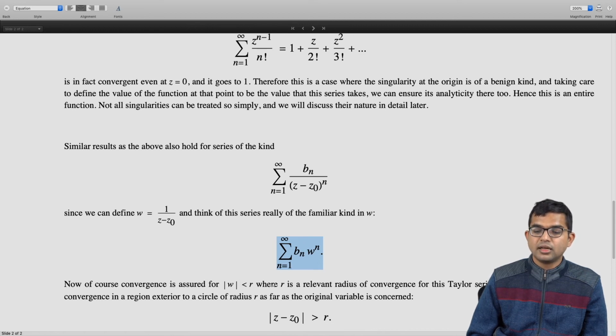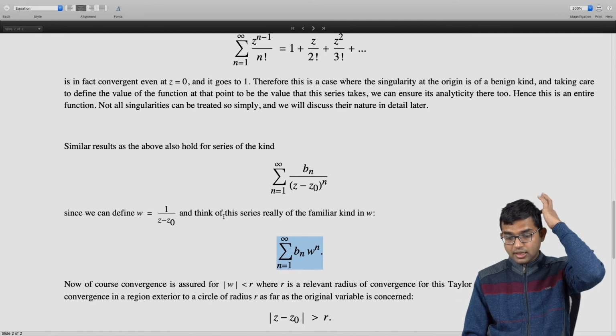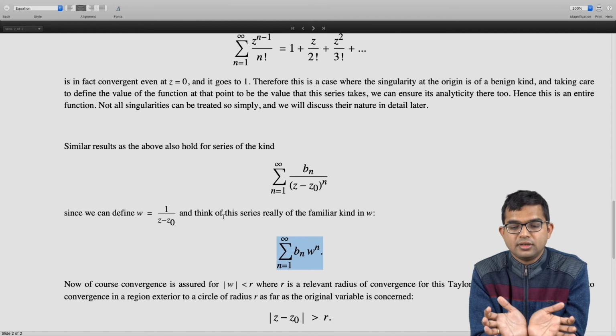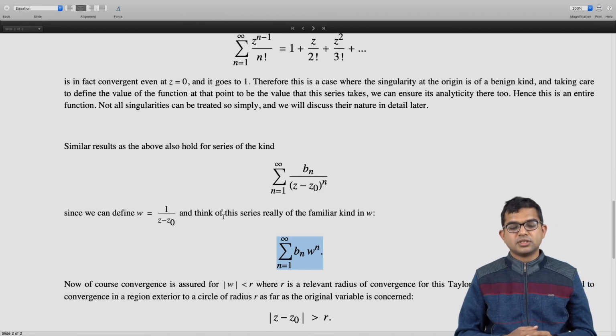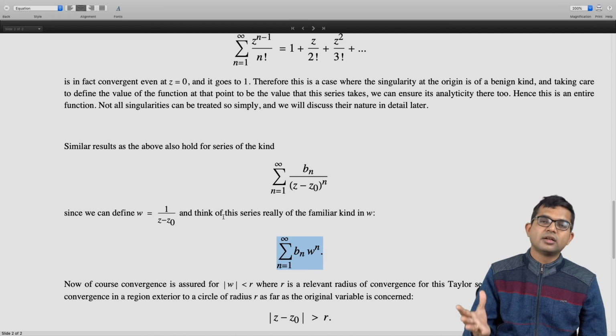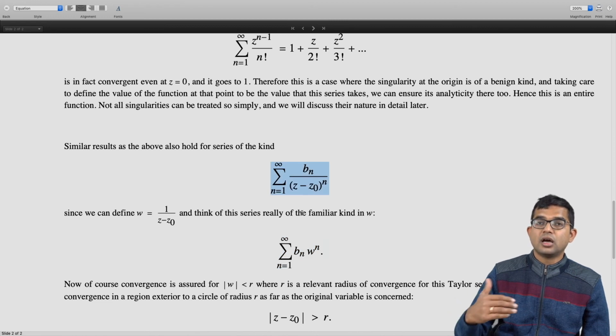It's the same as saying mod of 1 over z minus z naught is less than r, which is the same as saying mod of z minus z naught is greater than r. So whatever results hold inside a region of convergence, or in the interior of a circle of convergence, a similar type of story holds for series of this kind, except now you must say that the region is exterior to this circle.